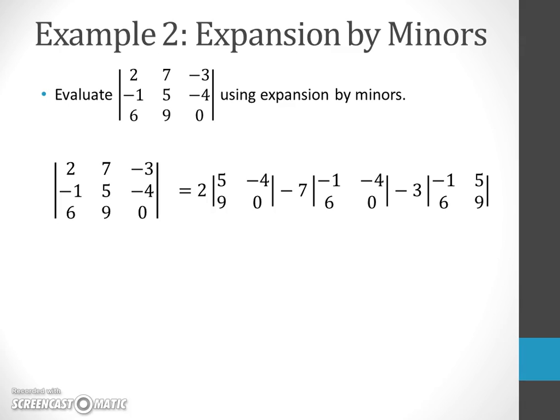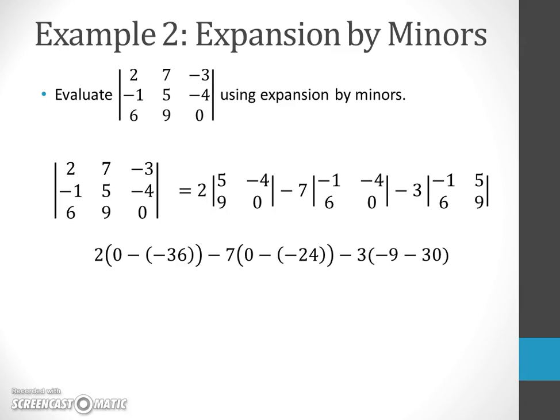Then we're going to evaluate the 2x2 determinants. So we're going to do 5 times 0 minus -4 times 9. We're going to do -1 times 0 minus -4 times 6. And then finally we're going to do -1 times 9 minus 5 times 6.